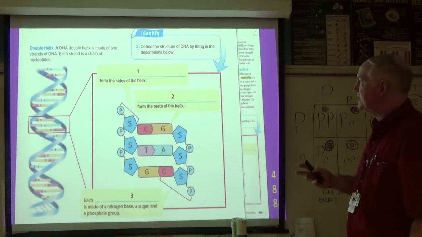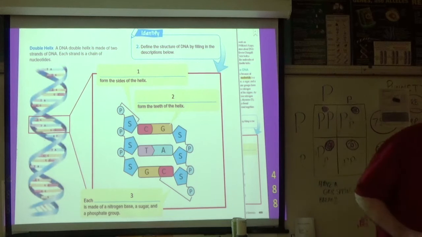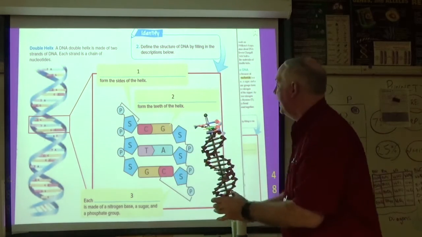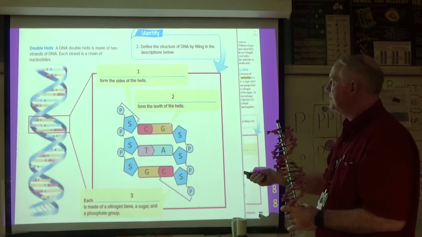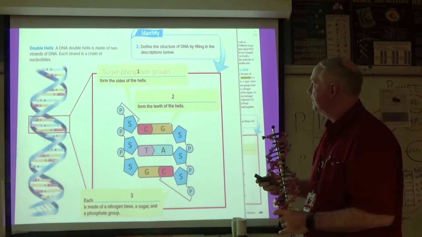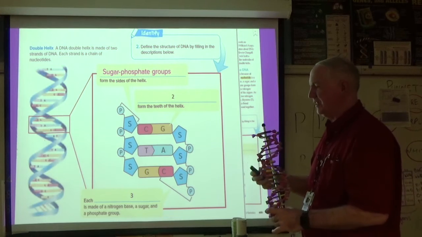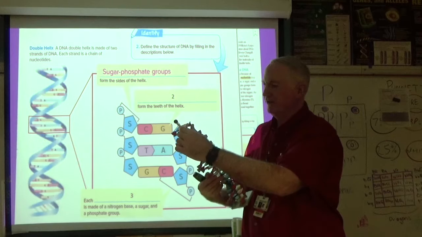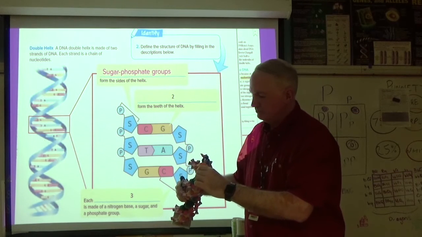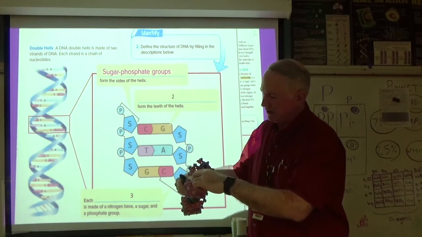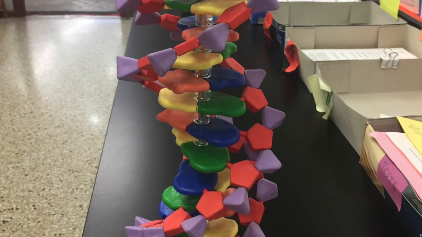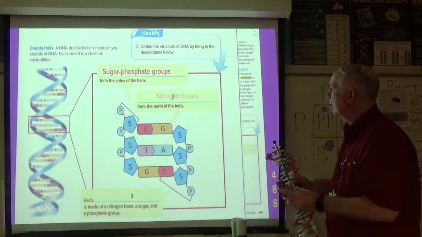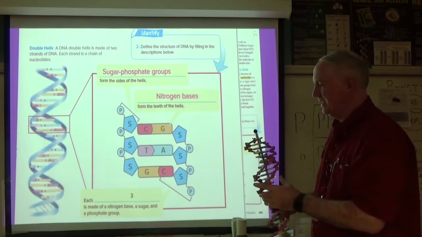So we solved this in class. We wanted to look at how our DNA was made, and we saw that the sides are made out of sugar and phosphate groups. On our model of DNA of science here, you can see the sugar and phosphate is this purple and reddish color. Then the teeth, or the rungs of the ladder, are called the nitrogen bases.